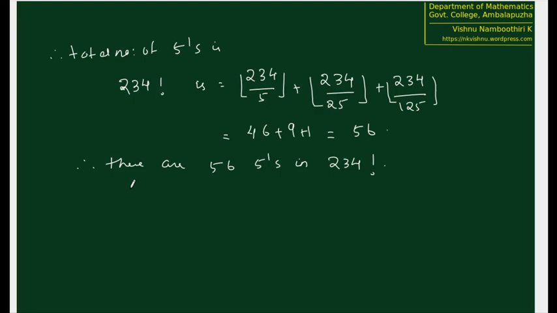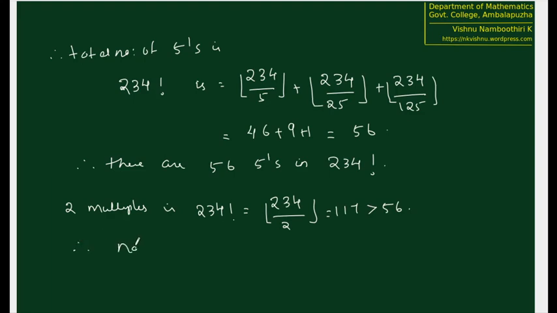Because if we count the number of 2s in 234 factorial without even considering the powers of 2, this is equal to the floor of 234 by 2, but this itself is 117. This is greater than 56.